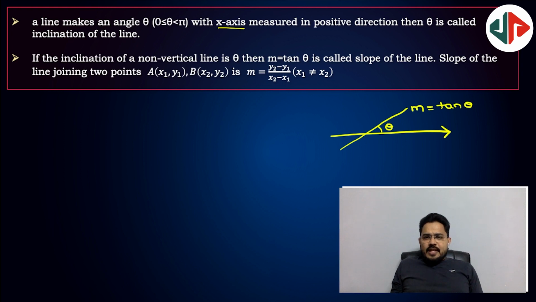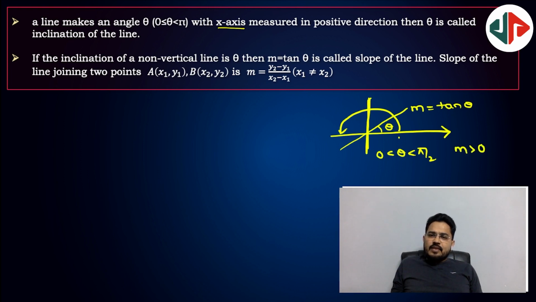This theta can be measured from 0 to pi, where 0 is included and pi is excluded. For example, if I am assuming this one as the y-axis, for 0 less than theta less than pi by 2, the slope m is greater than 0. For pi by 2 less than theta less than pi, m will be negative.